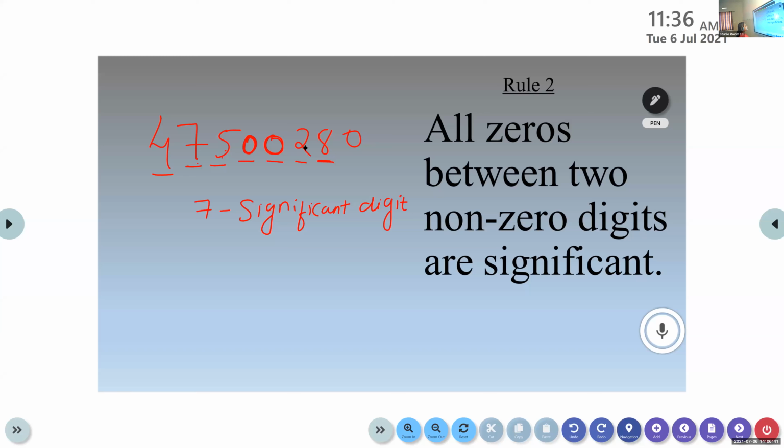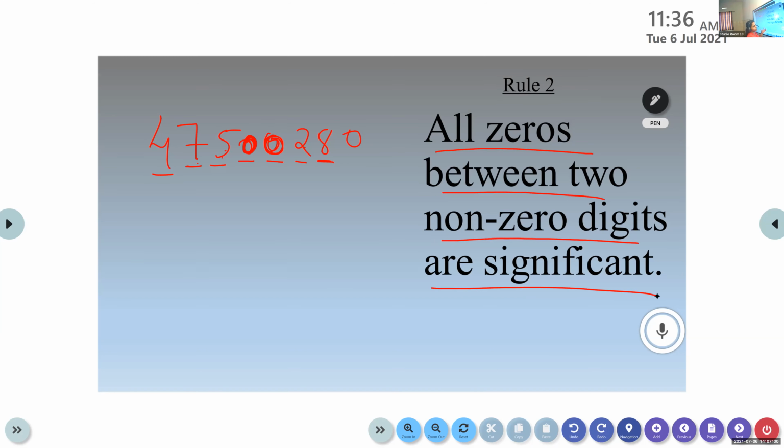If we take the first 5, these two zeros are between two non-zero digits. According to our second rule, all zeros between two non-zero digits are significant. Here we have two zeros. These two zeros are between two non-zero digits 5 and 2. So are they significant or not?